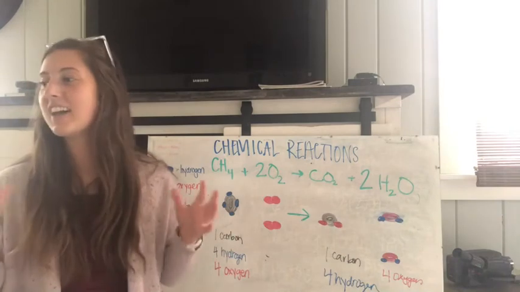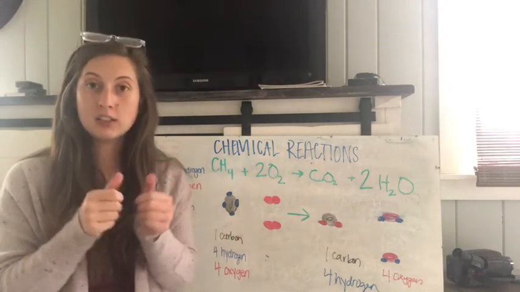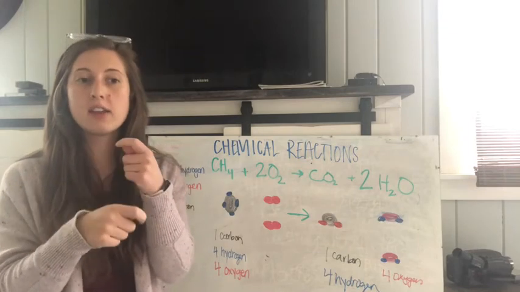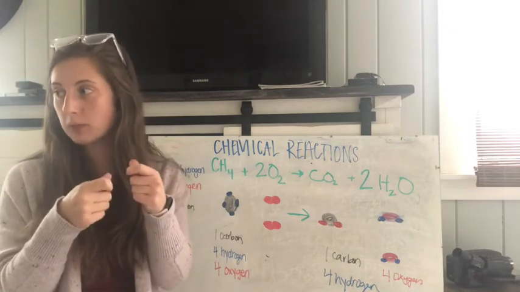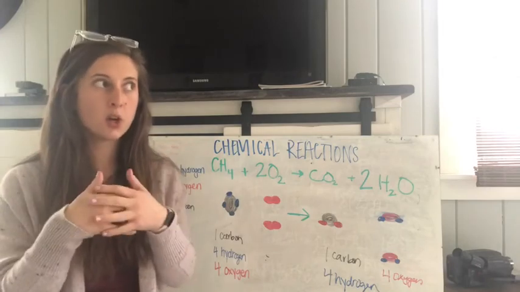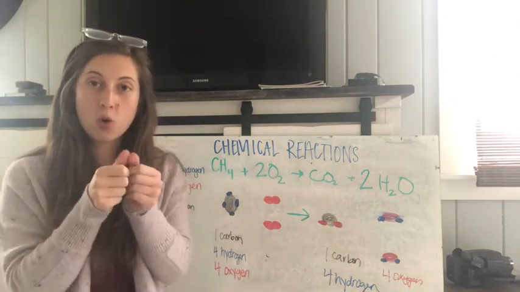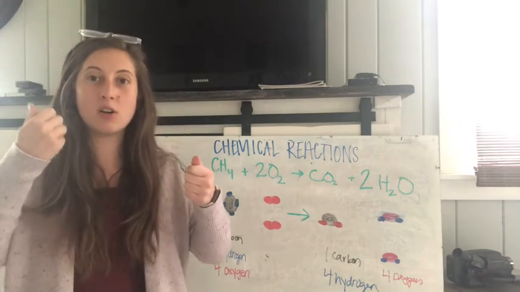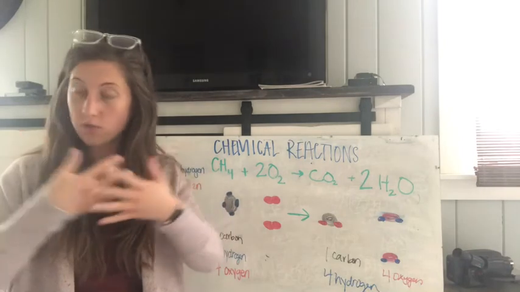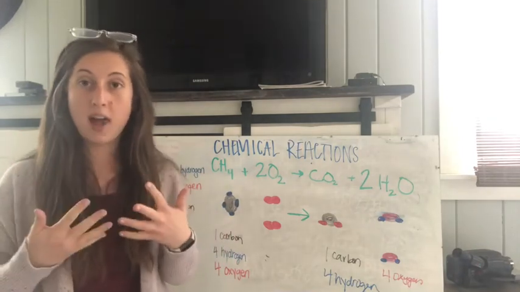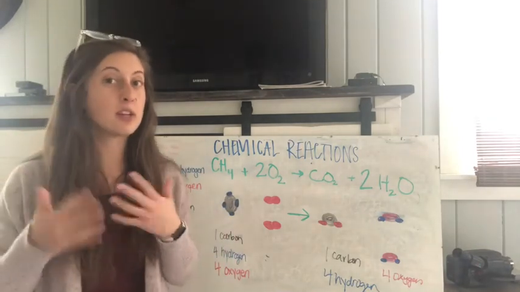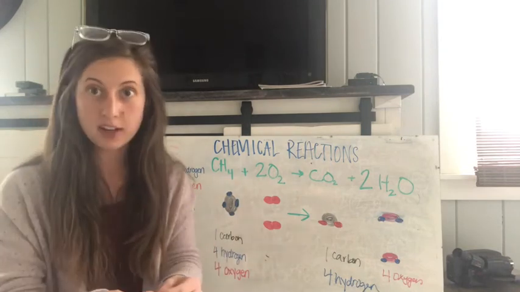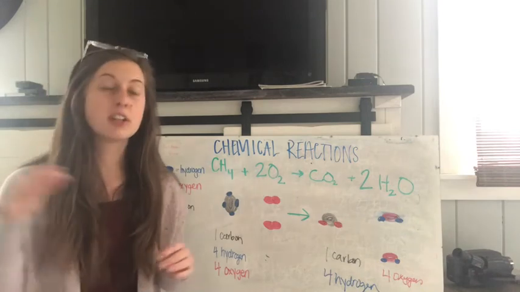When the particles in the atoms are colliding together with enough energy, the chemical bonds between the atoms can break apart, and the atoms will rearrange themselves and essentially rebond in a different way. And the atoms rearranging and rebonding is what creates the new substance, which is what we talked about at the very beginning of this video.